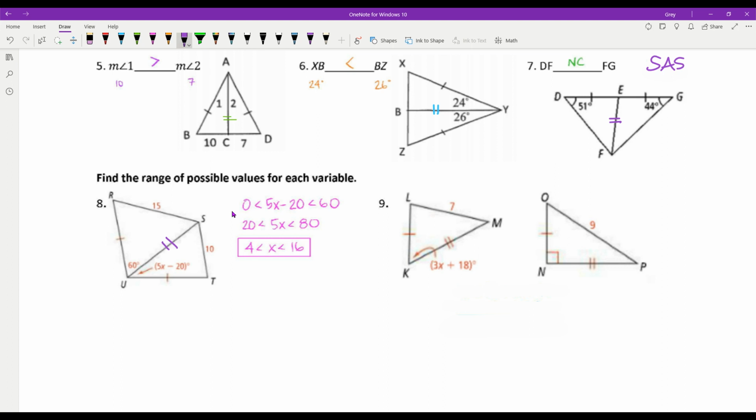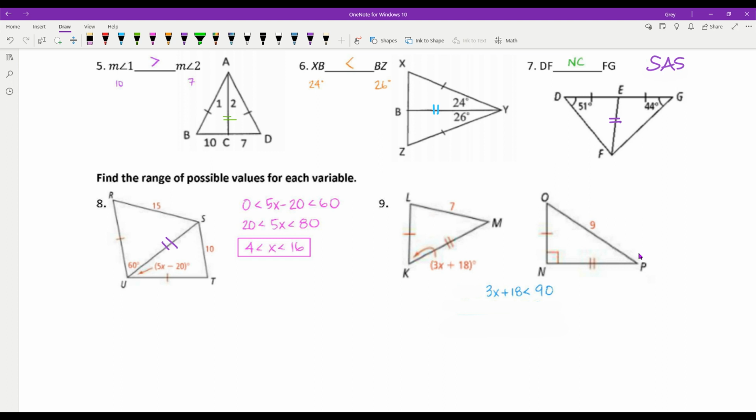Okay, last problem. I have, again, two sides that are congruent. Two sides of one triangle congruent to two sides of another. And I'm looking at the angle in between them. Okay? 9 is opposite angle N. 7 is opposite angle K. So I know that this 3x plus 18 has to be less than N. So 3x plus 18 is less than 90.